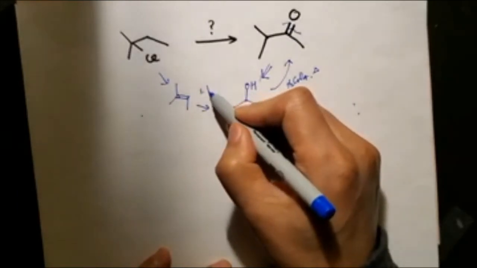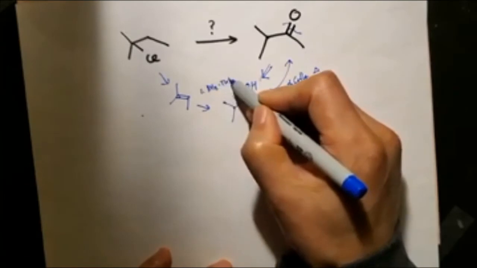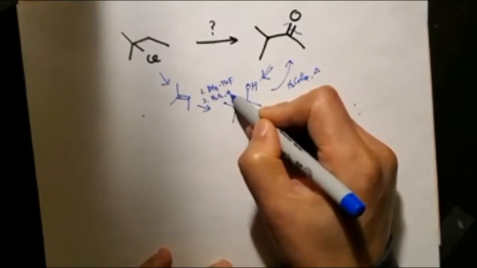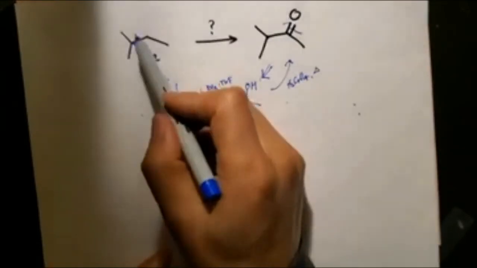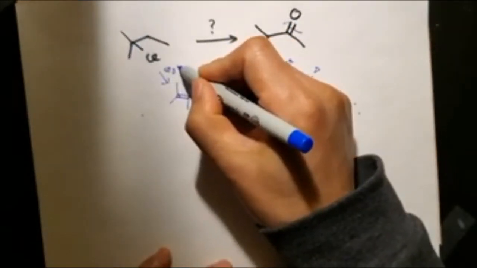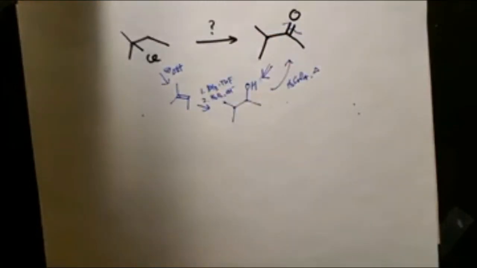First step, BH3, THF. Step 2, peroxide with hydroxide. Then we all know how to get here, right? But we don't want to use a too big, strong base for elimination because the substrate is tertiary. So I'm going to go the safe way, just one or two carbons, so you get the E2 to form this.